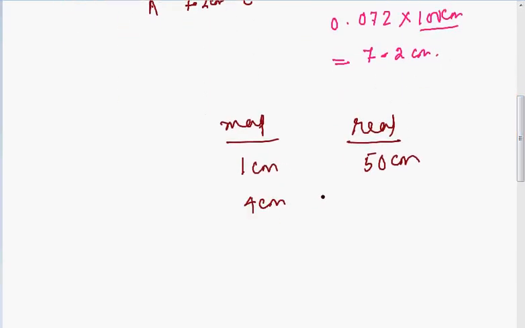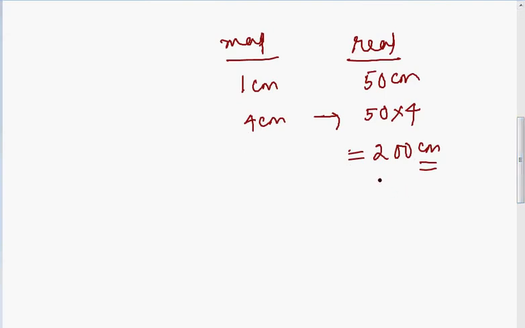So 4 cm is 50 into 4, which is 200 cm. Again, this is in a bigger unit, and to make it into a smaller unit we will divide by 100 so that it will come in meters. So we may get a figure like 2 meters.